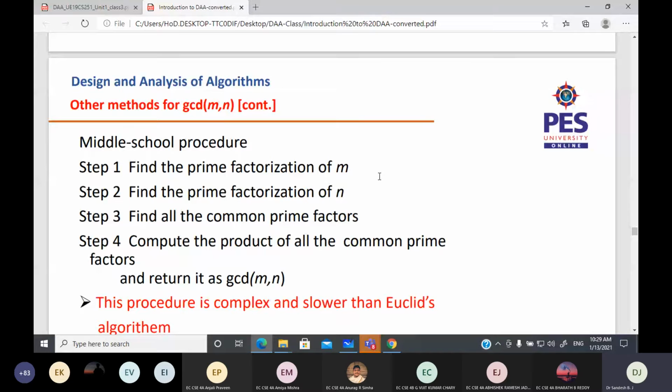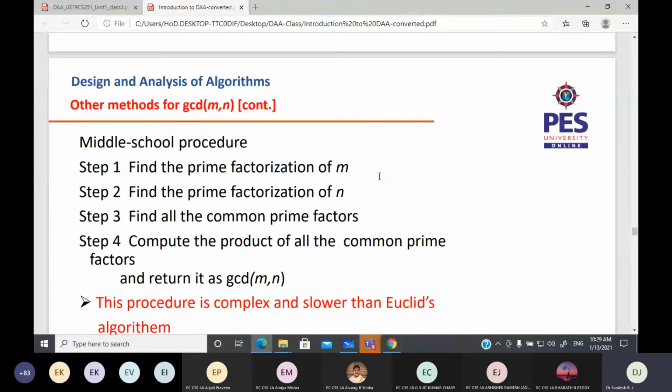In step 2, you will find the prime factorization of n. And in step 3, you will find all the common prime factors. And in step 4, you will compute the product of all the common prime factors and return it as the GCD of two numbers. So the procedure looks a little more complex than Euclid's algorithm.